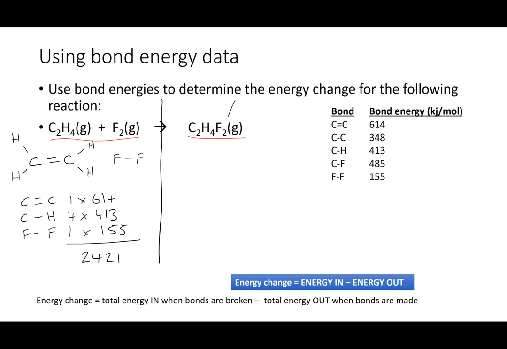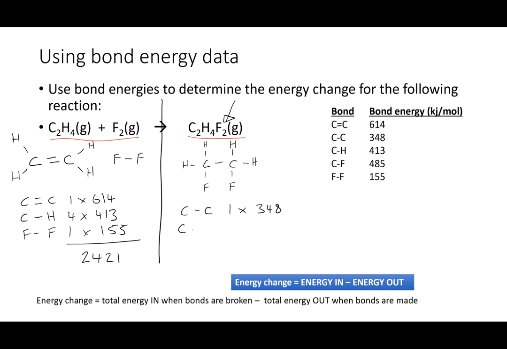We then go to the other side of the equation and work out the energy given out when all the bonds in this molecule are made. So we can draw this molecule out. And now we can have a think about the bonds that will be made. First, recognize there's 1 carbon to carbon bond, so 1 times 348.